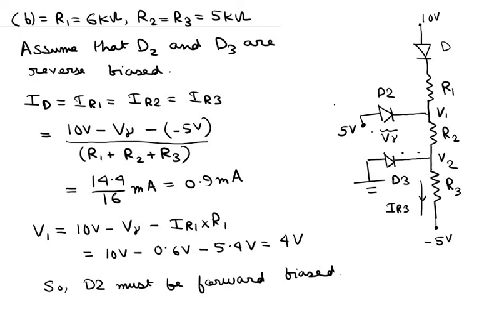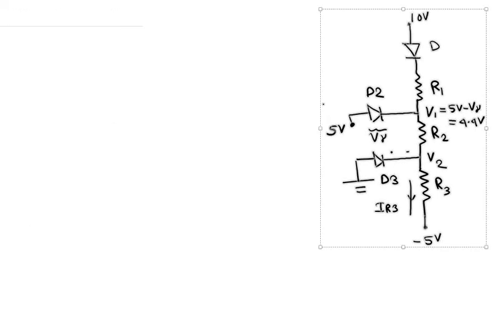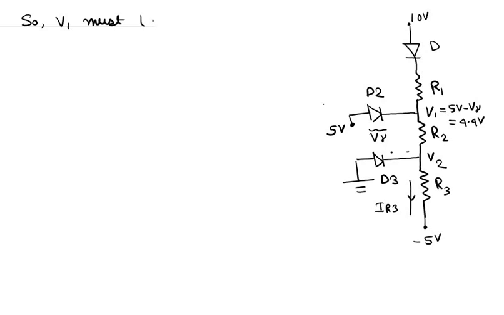So V1 is basically 5 volts minus V gamma, which gives me 4.4 volts actually. Okay, so V1 must be 4.4 volts. So let me write it here.